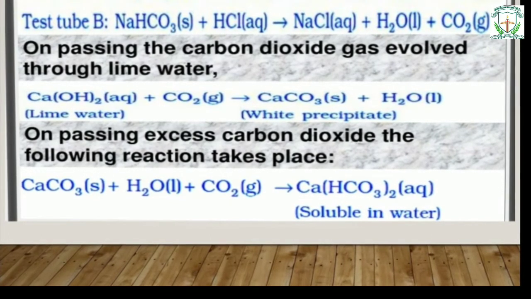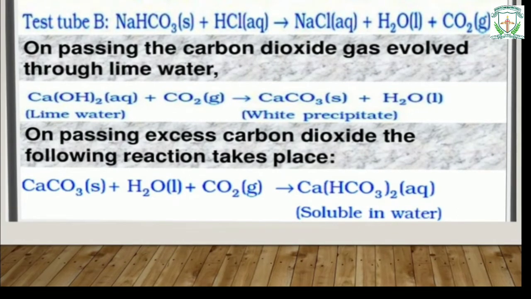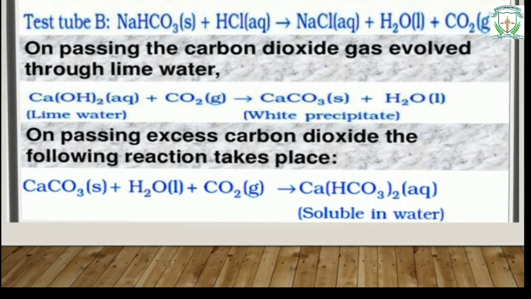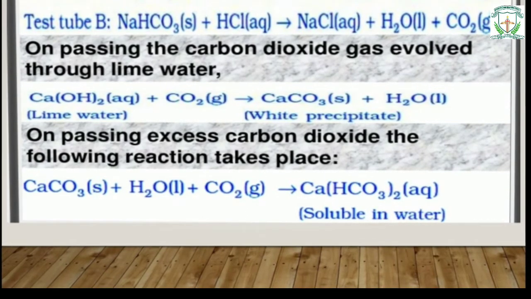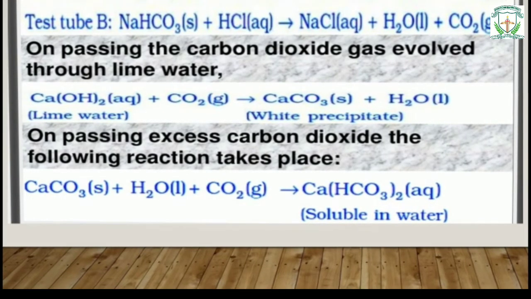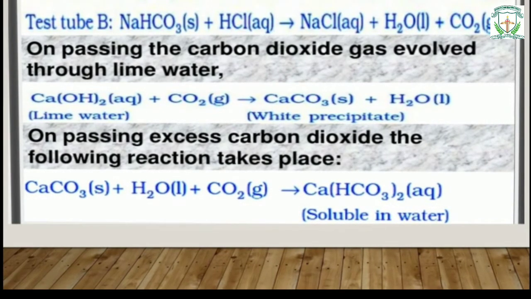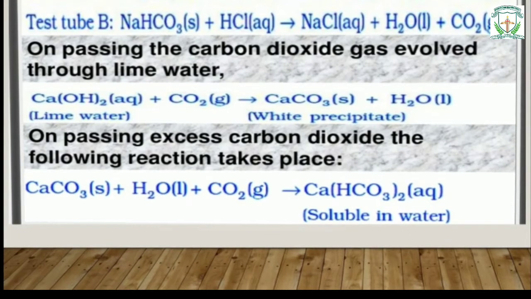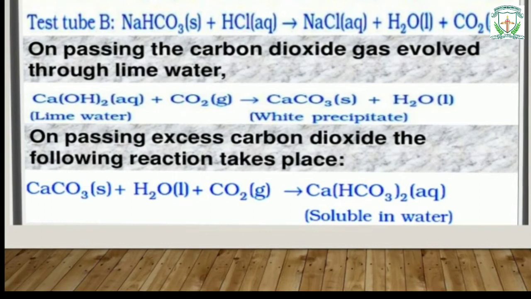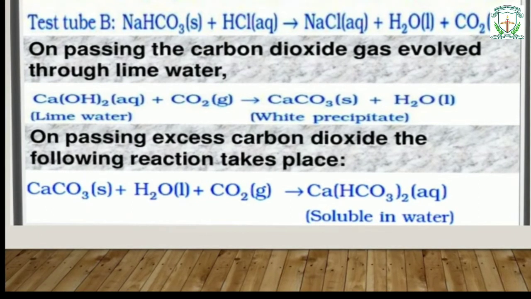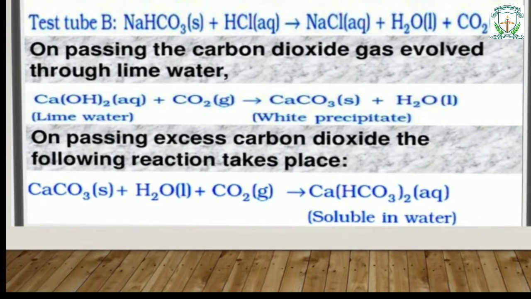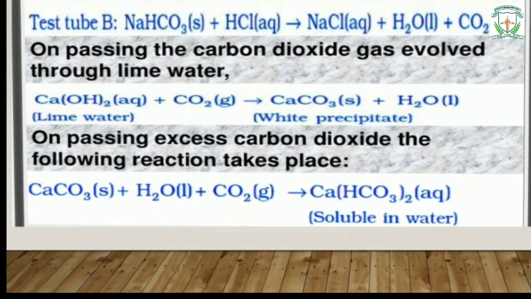On passing the carbon dioxide gas evolved through the lime water, calcium hydroxide plus carbon dioxide gives a white precipitate, that is calcium carbonate, and water H2O. On passing excess carbon dioxide, the following reaction takes place: calcium carbonate plus water plus carbon dioxide gives calcium bicarbonate.